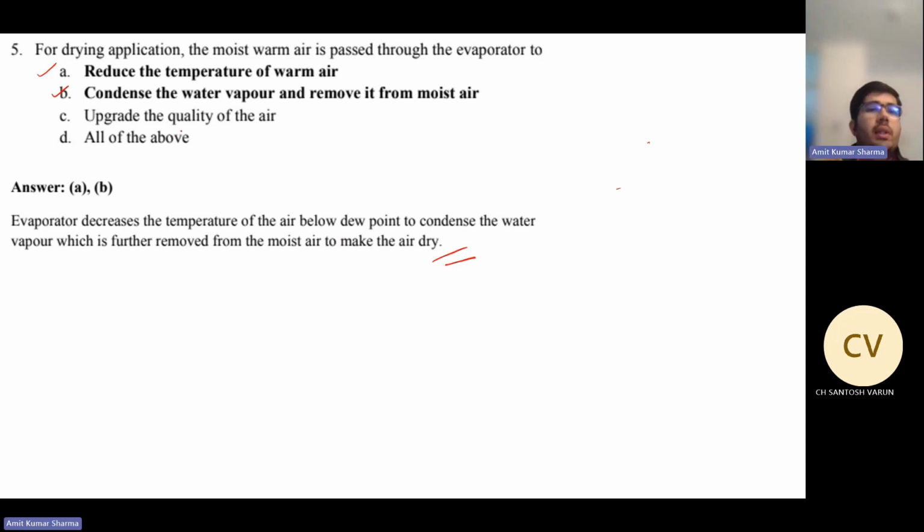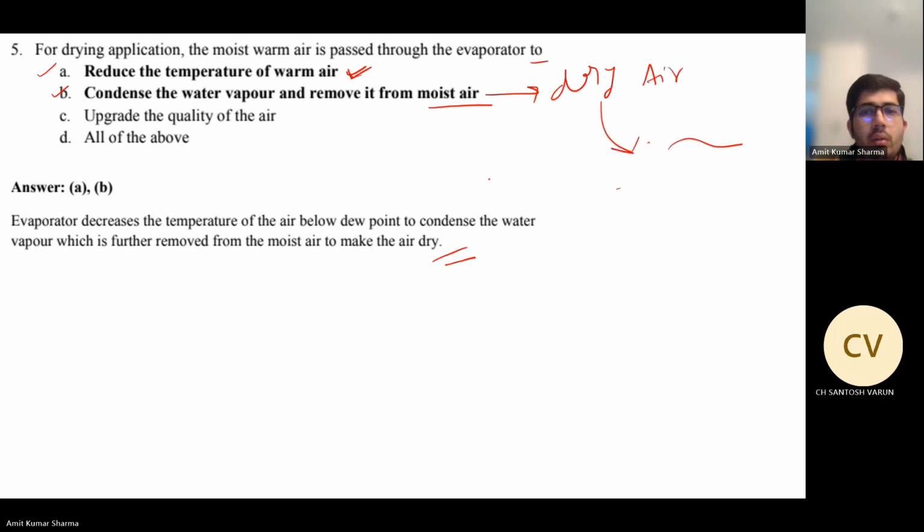So the moist air is passed through the evaporator to reduce the temperature of warm air, condense the water vapor and remove it from the moist air. This moist air will become dry air, and this air will be used for the drying of timber.